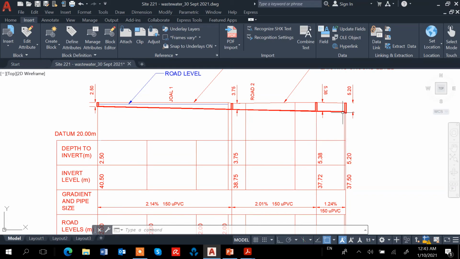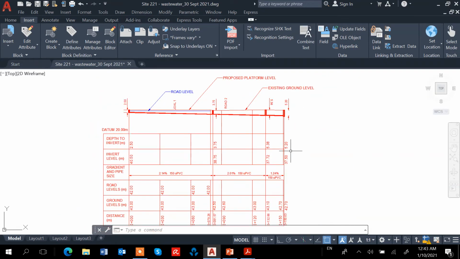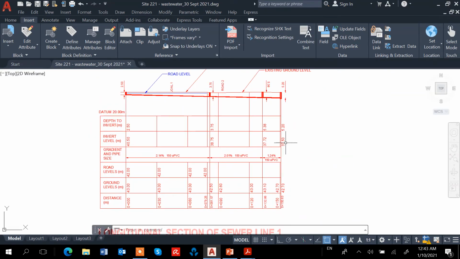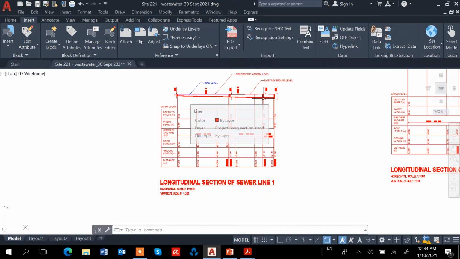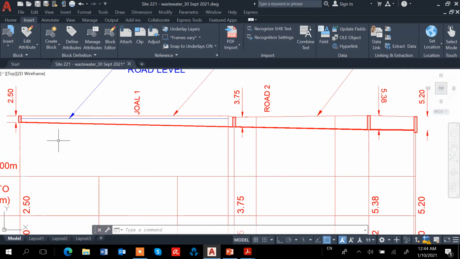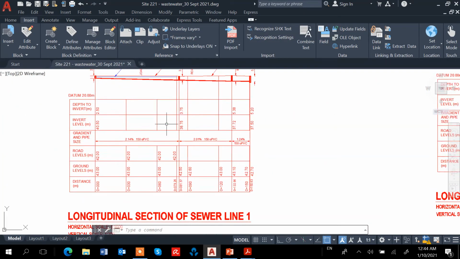We do it from here until the next manhole and so on, walking backward and making sure that we satisfy the minimum gradient of 1.2%. We also need to label the manholes.